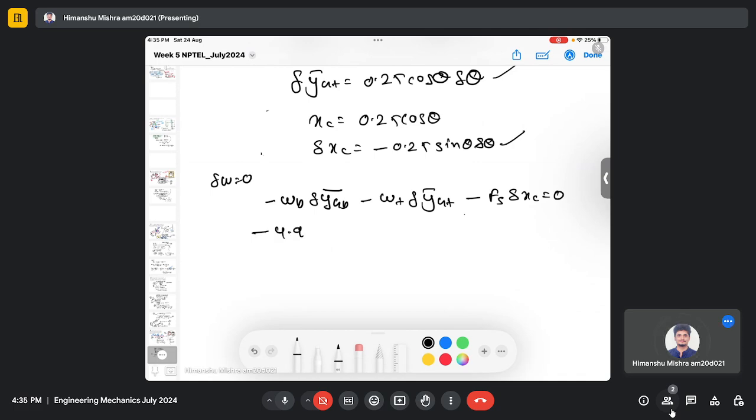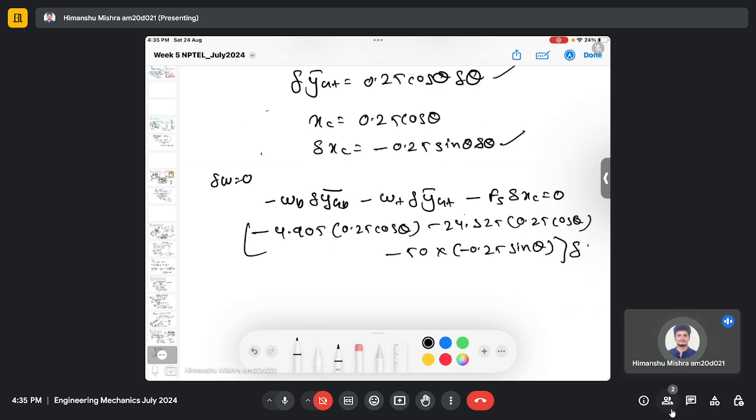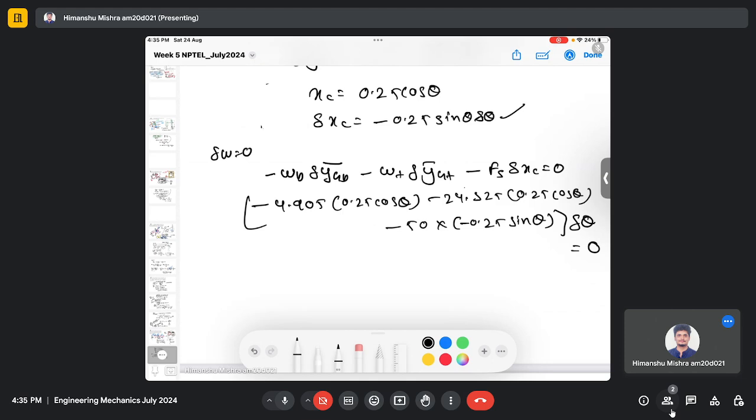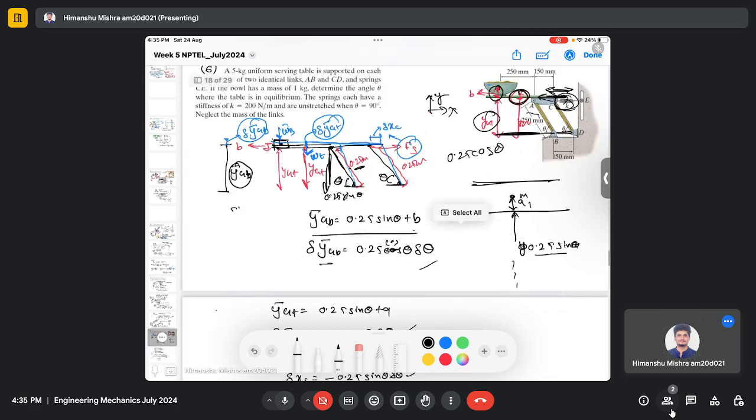Here you have 0.905 times 0.25 cos theta, minus 24.525 times 0.25 cos theta, minus 50 times minus 0.25 sin theta, which is xc. Here I took the common del theta equal to 0. When you solve this, you will get theta equals 36.1 degrees and theta equals 90 degrees. So it's the same answer we got when we used the energy principle.